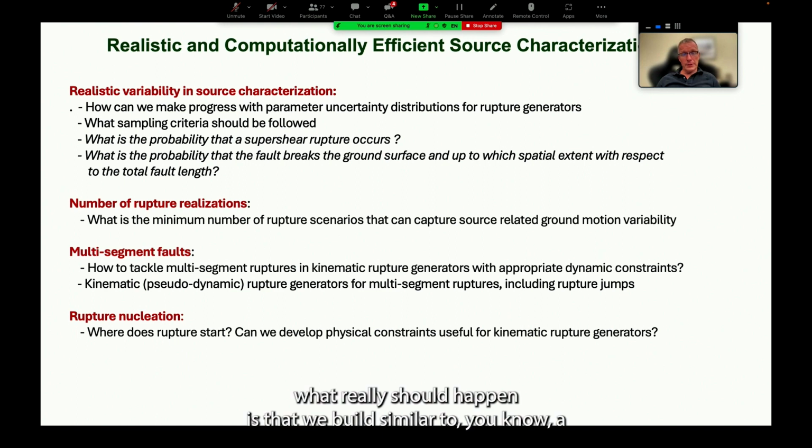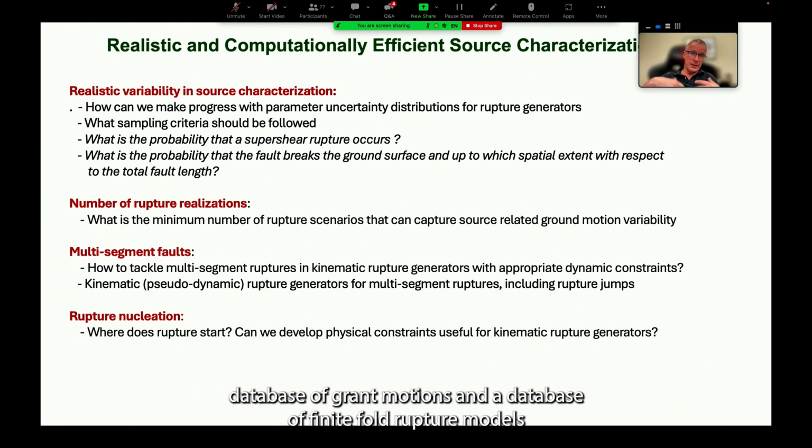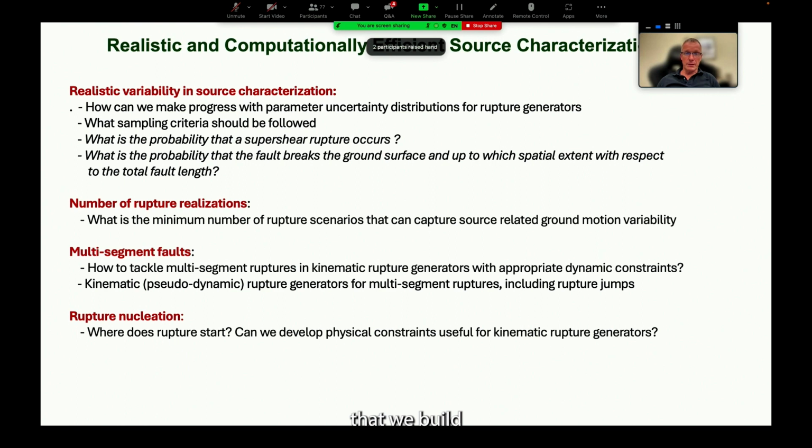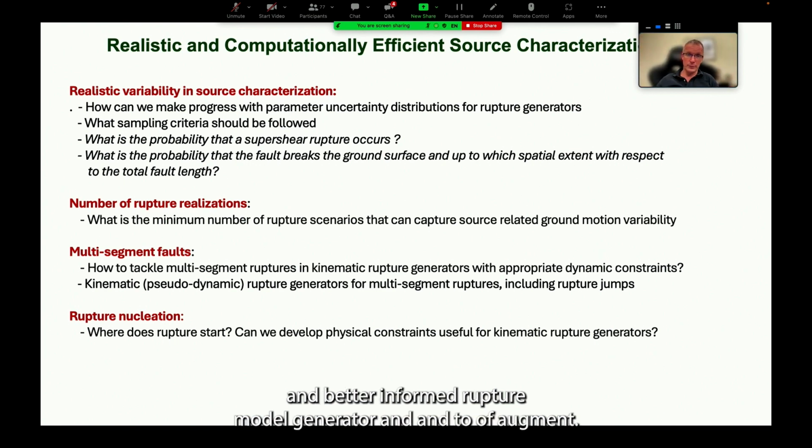In my opinion, what really should happen is that, similar to a database of ground motions and a database of finite fault rupture models, we build a repository of such dynamic rupture models in some unified format, and then anyone can use this information and has access to hundreds, or even thousands of dynamic rupture models in order to build a more comprehensive and better informed rupture model generator.